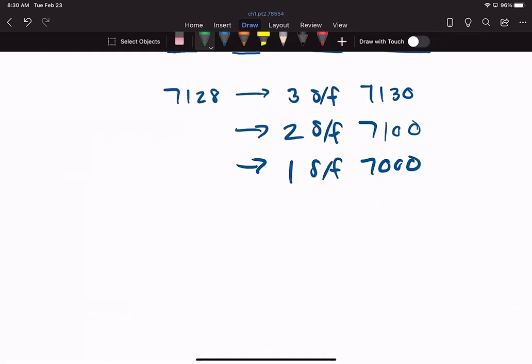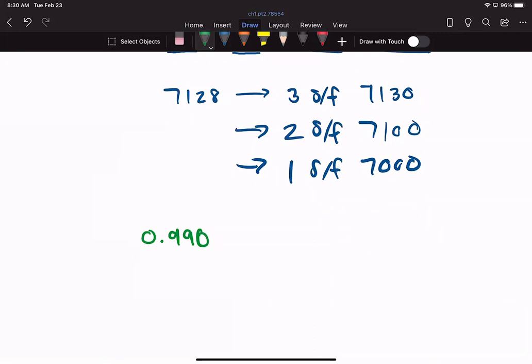So if I have a measurement and I want to put it in 3 significant figures, what do I have to do? Add a 0. I simply add a 0, and now I have 3 significant figures because I added a significant 0.